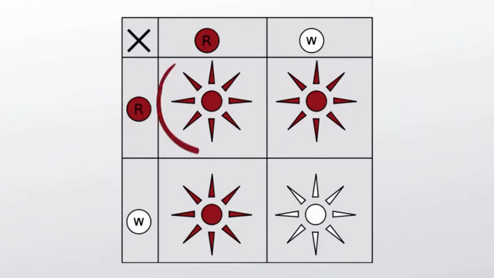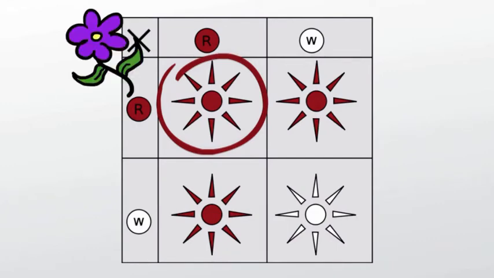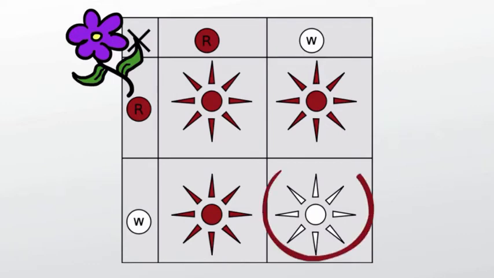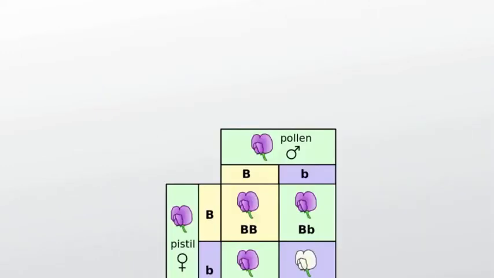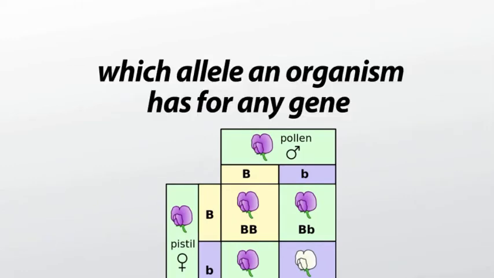If you have received alleles for the dominant form of the trait from your parents, then you will express or display the characteristics of the dominant form. This was like the pure purple plants in Gregor's experiment. If you have both alleles for the recessive form, then the recessive form of the trait will be expressed, like the pure white flower peas in his experiments.